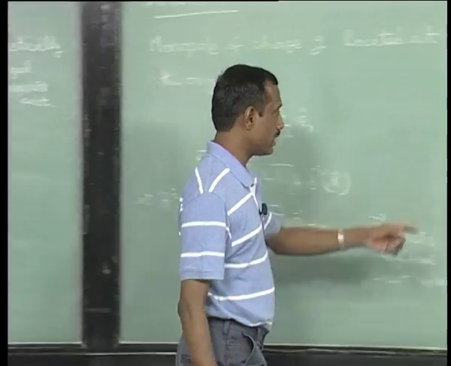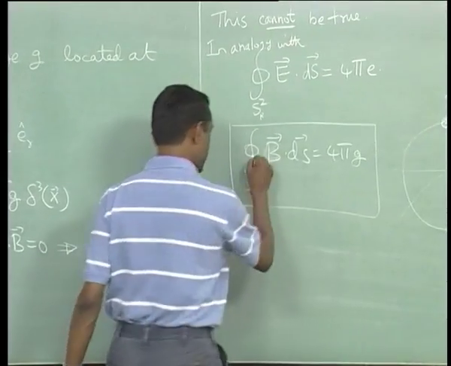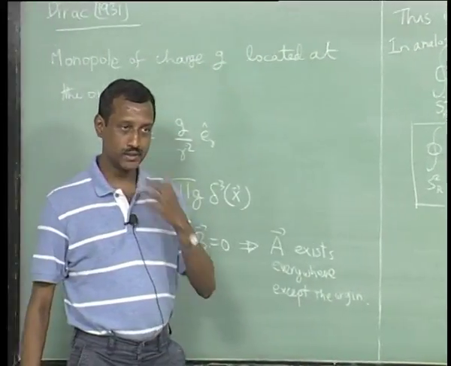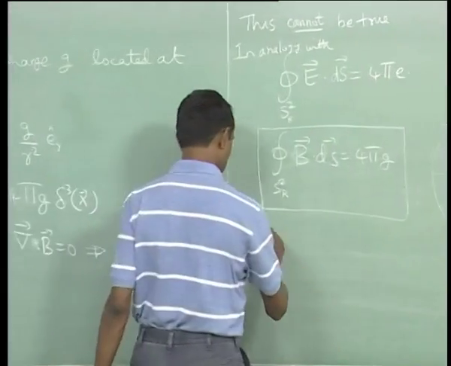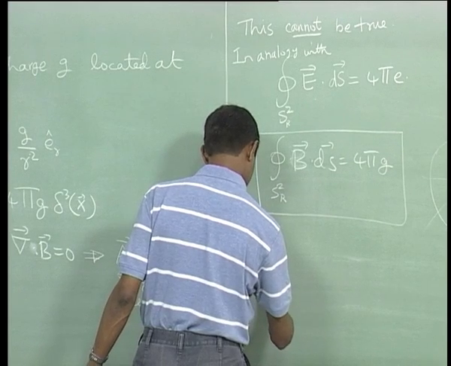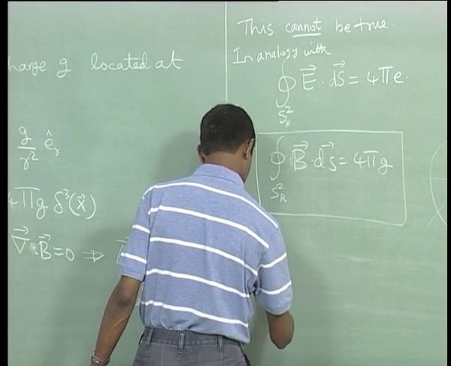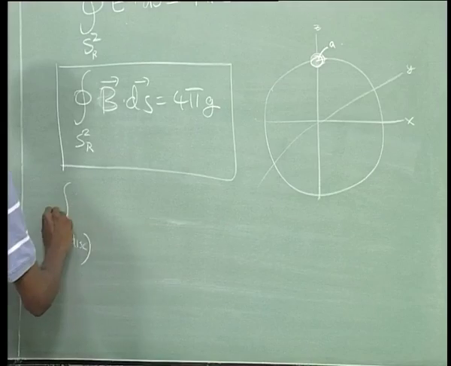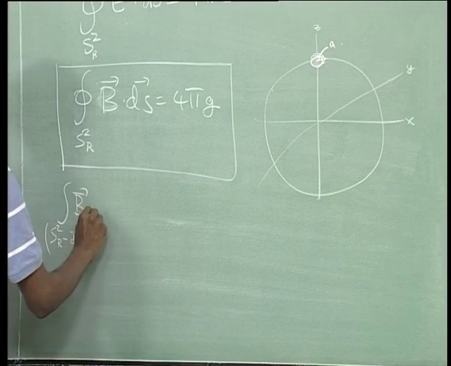I will evaluate the same integral. It is no longer a closed integral, it is an open integral over S2 minus a disk of B dot ds.